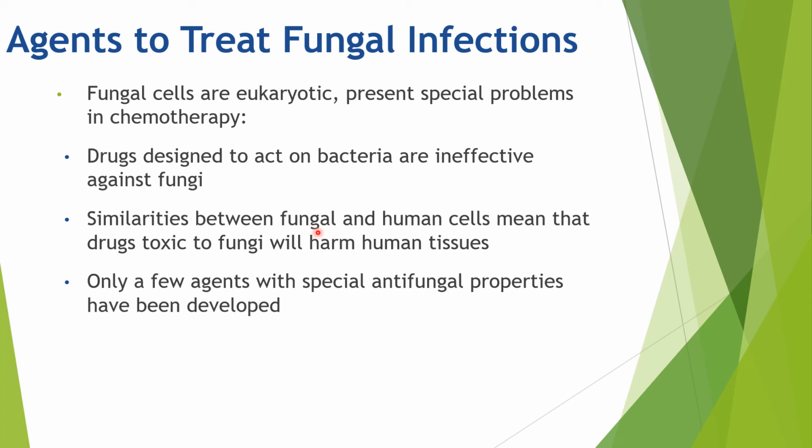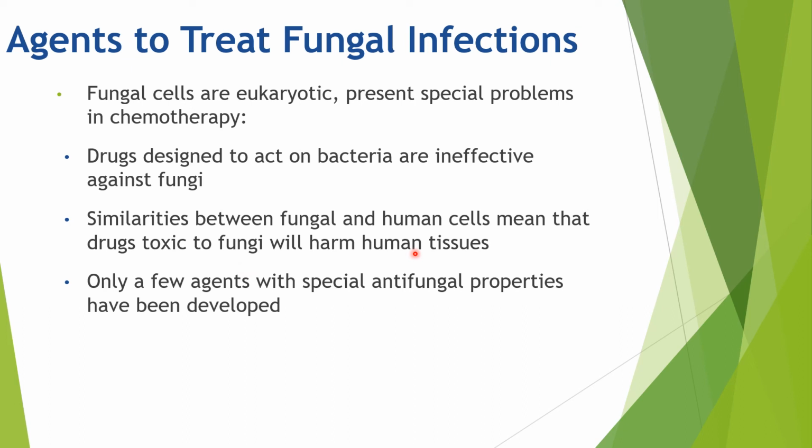And fungi, though, they're eukaryotes. And if you think about it, our human cells are eukaryotes. So there are similarities between fungal cells and human cells. And that kind of makes it hard, right? Because a lot of these drugs that are toxic to the fungus can actually harm our tissues, because we're both eukaryotes.